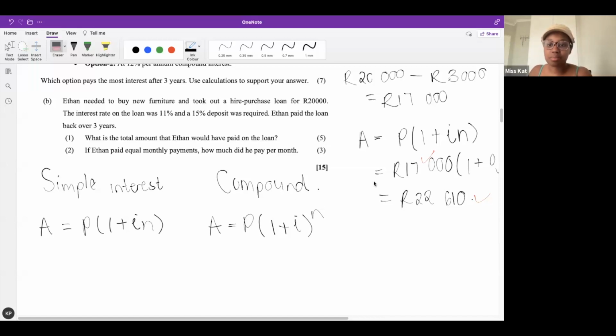So simple interest means I'm going to charge 500 Rand every year, until you're done with the loan. Whereas compound interest means, let's say you pay a certain amount.